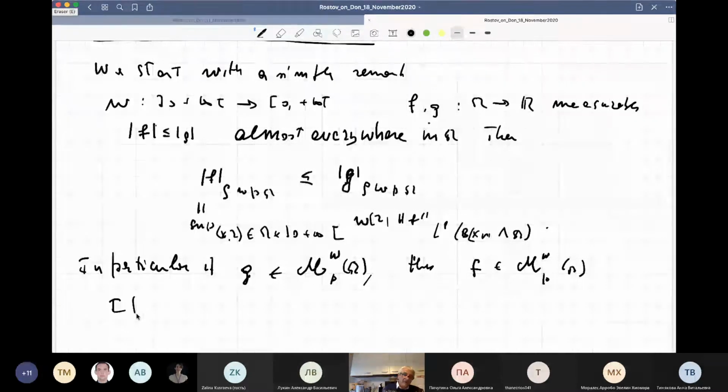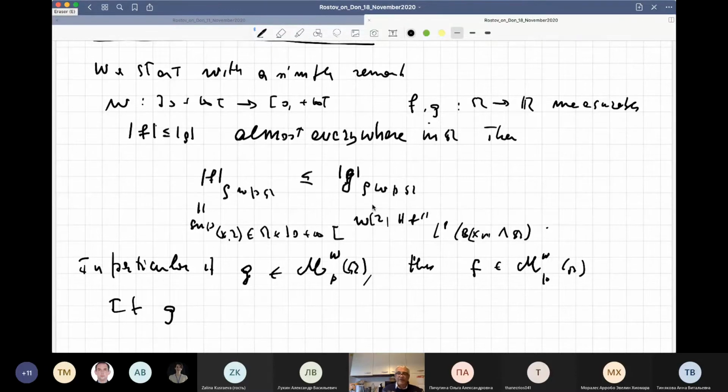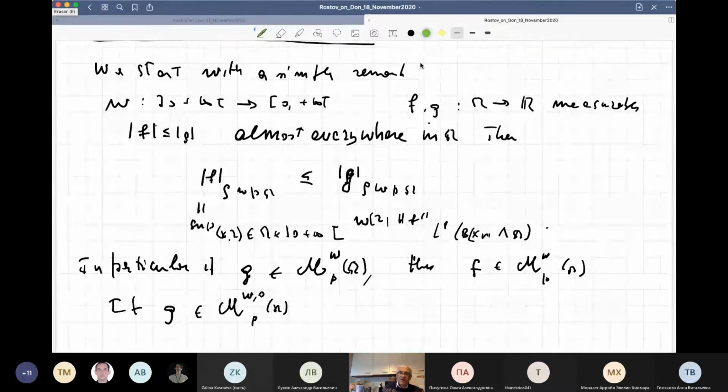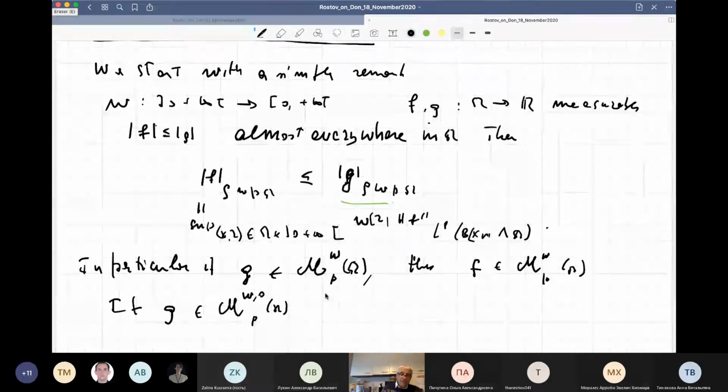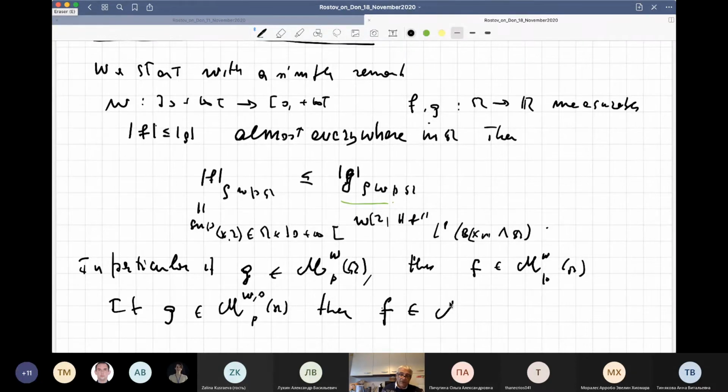And if g is in the vanishing, remember, saying that g is in the vanishing means that this ratio here goes to 0 as r tends to 0. But if this tends to 0, the left-hand side tends to 0 too, right? Then f is in vanishing Morrey, W0, P omega.